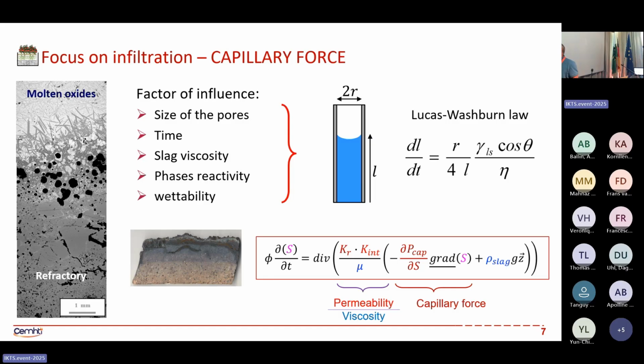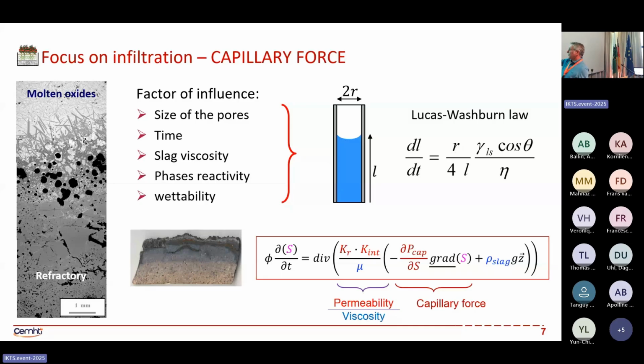Okay. Most important is the permeability here, the intrinsic permeability, and the viscosity. And if you have a choice to determine one of these parameters, please choose the viscosity, because viscosity is, from my opinion, the most important parameter, okay?